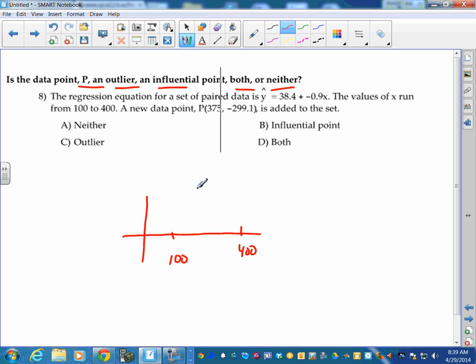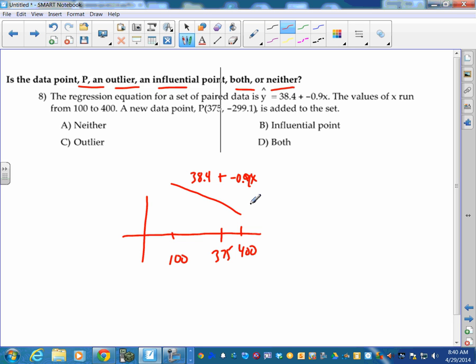The equation is 38.4 plus negative 0.9x. What do you get if you put 375 into this equation? Let's try to figure this out.